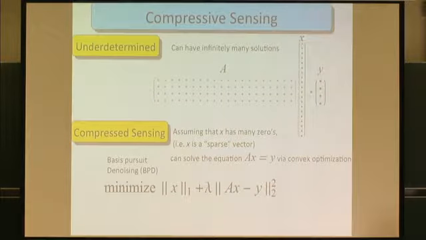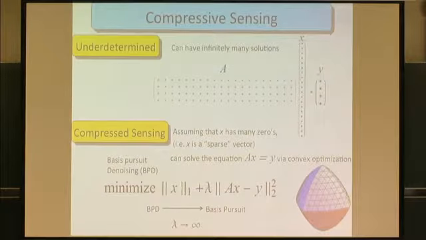That will help if the data we're looking at is noisy. As you might imagine, as lambda goes to infinity, basis pursuit denoising gives you the same solution as basis pursuit. So that's compressed sensing in a 4-minute nutshell. Is that okay? Questions? None?